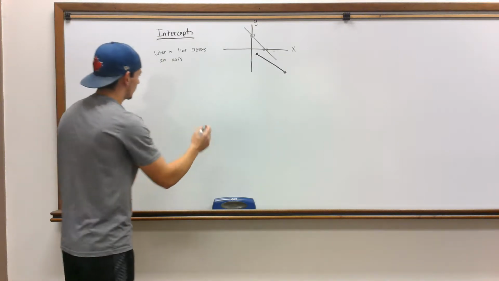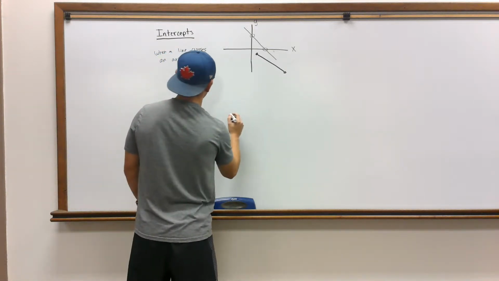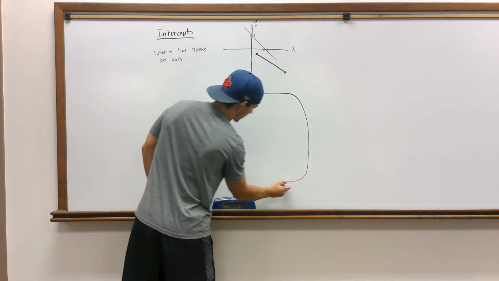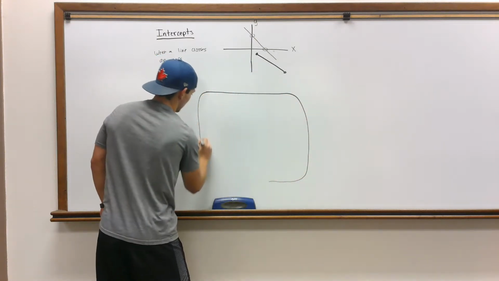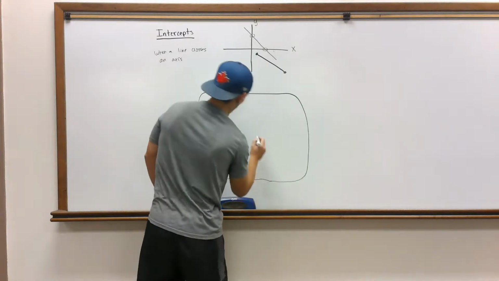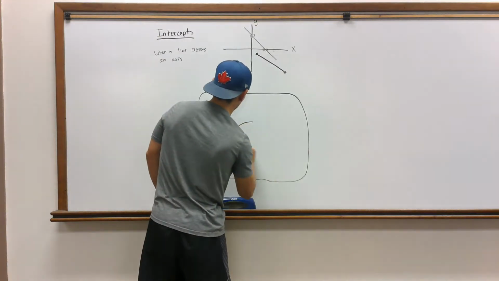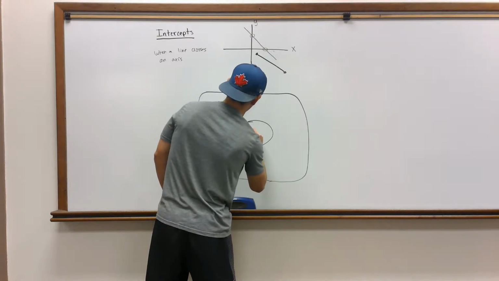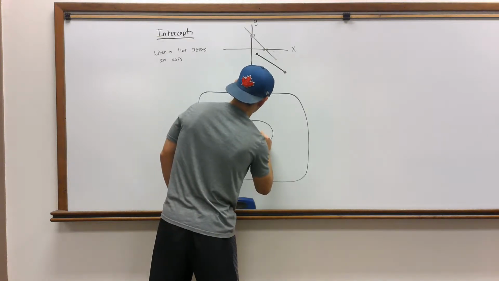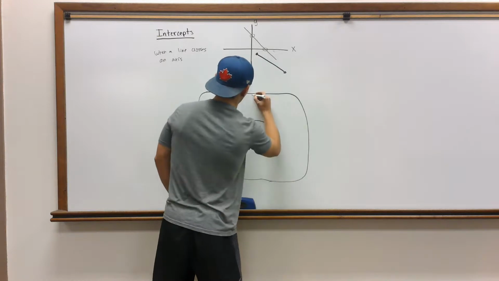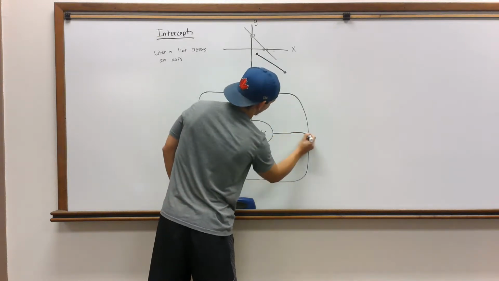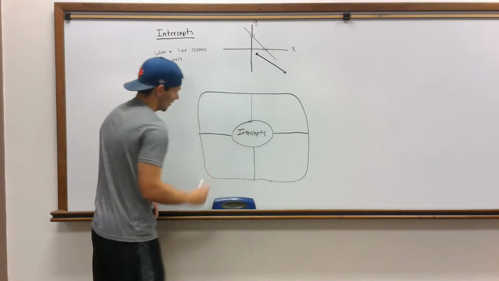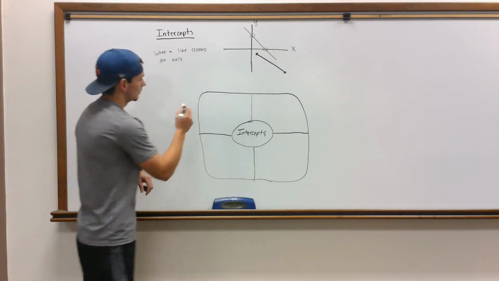Let's do something to help remember what an intercept is. Draw a little box. This one might be kind of big, but inside that box you make a little circle and write your term, which is intercepts. Then break that box into 4 equal pieces and label each corner.